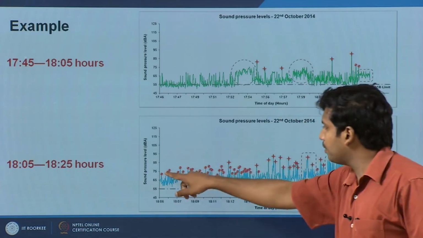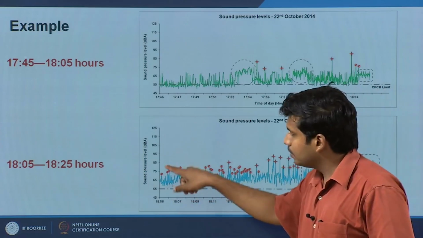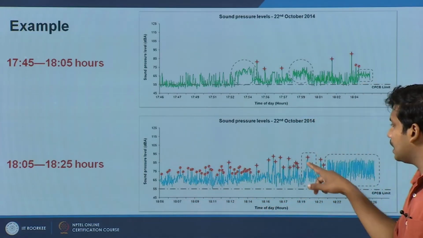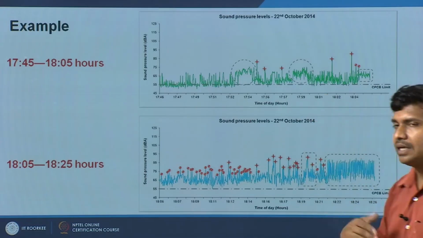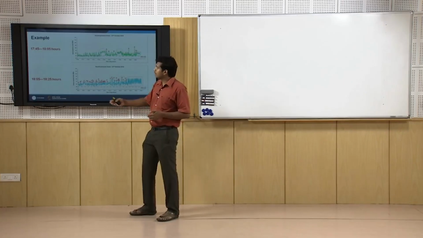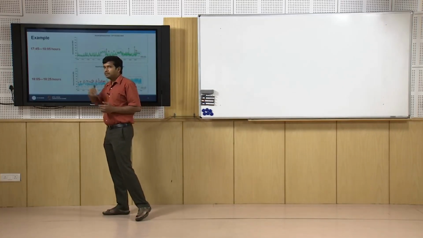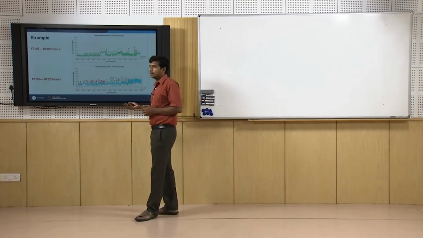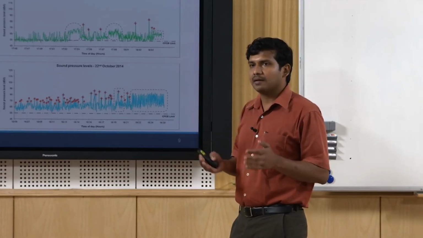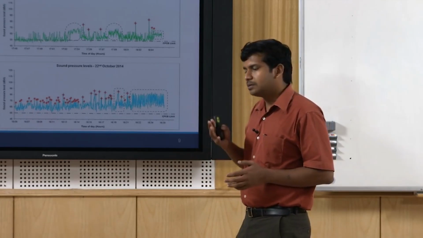As you go in time, there are a lot of peaks, which I have shown as dots and stars. Ideally, as time increases, like you go from 5:45 to 7 o'clock, 8 o'clock in the night, the sound pressure level has to come down, because the vehicular traffic would come down. After the peak hours it has to decay.